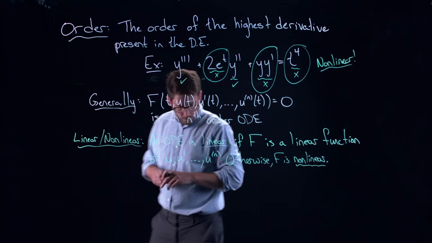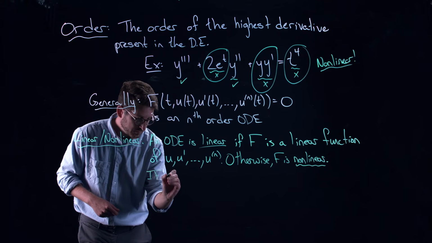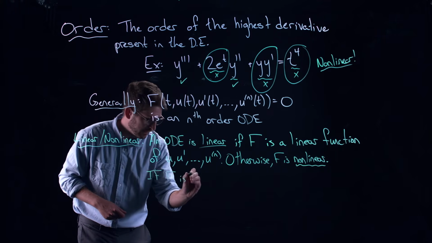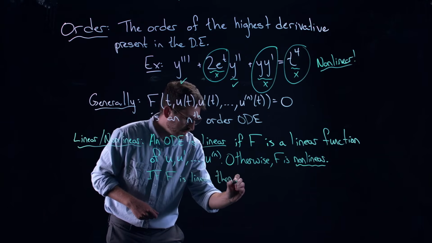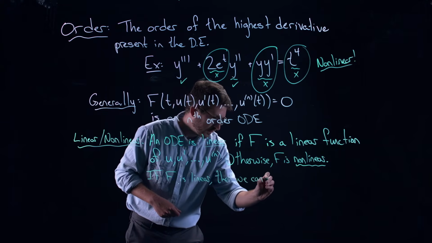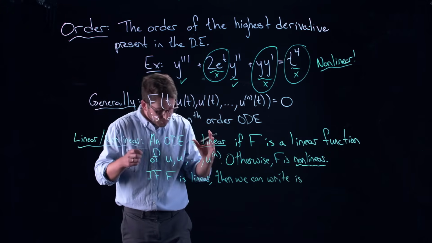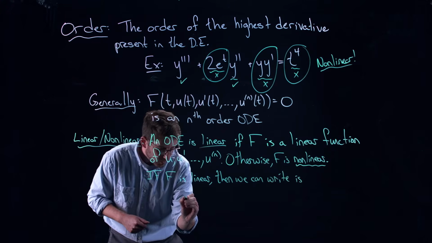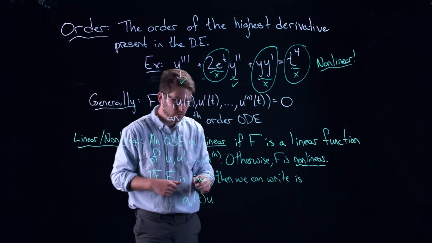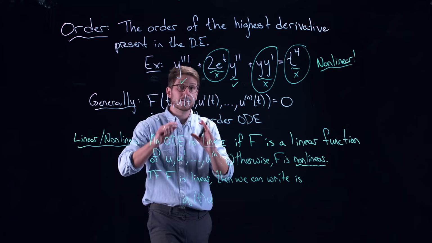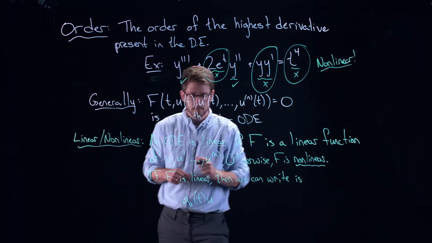Now, before we move on, if f is linear, then we can write it. Again, there's a general form for how these things can go. I can write it as a0 of t times u. So some function of t, again, doesn't have to be linear. It could be 2e to the t. It could be t to the 4. It doesn't matter.